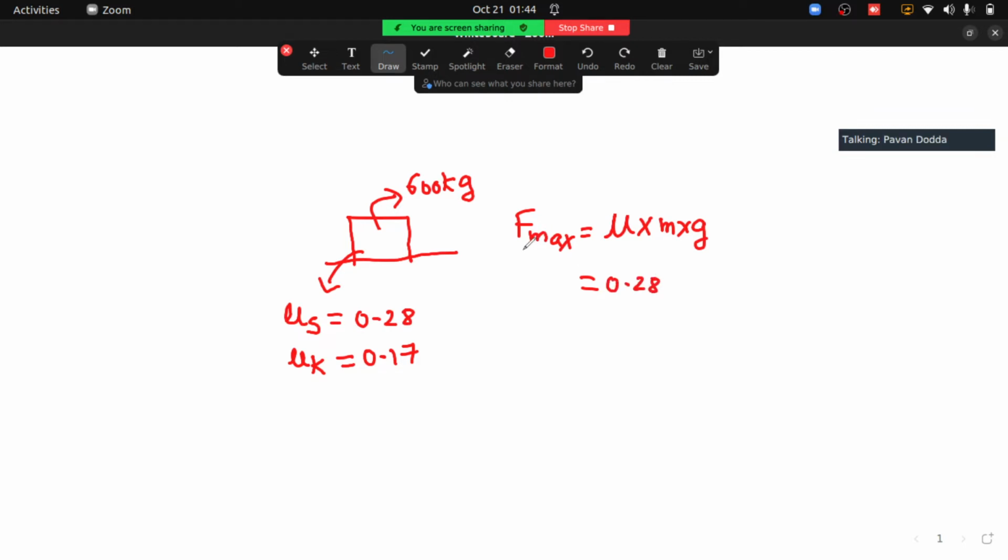Since I'm calling it maximum static friction, I use 0.28, the coefficient of static friction.